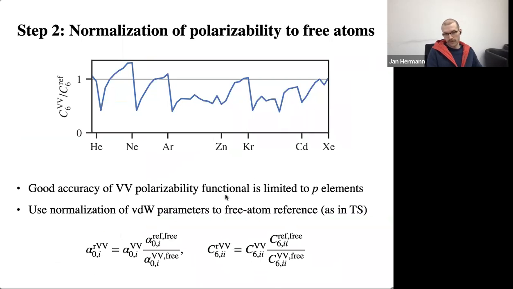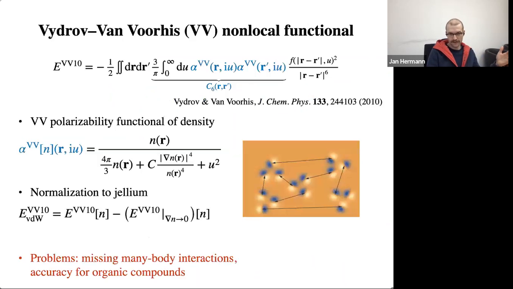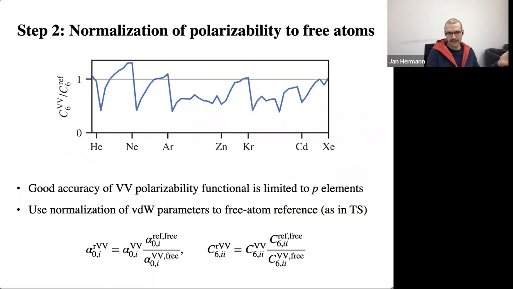And then to improve the accuracy, because as I said, the functional for the polarizability is fairly simple and approximate, we want to improve that. And now that you have atomic quantities, you can do that fairly easily by simply normalizing the van der Waals coefficients to exact free atom reference parameters, right?